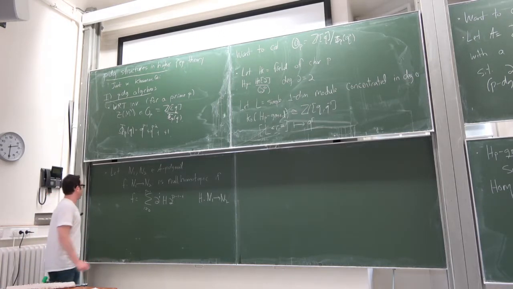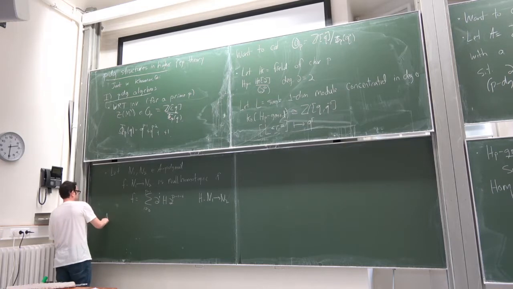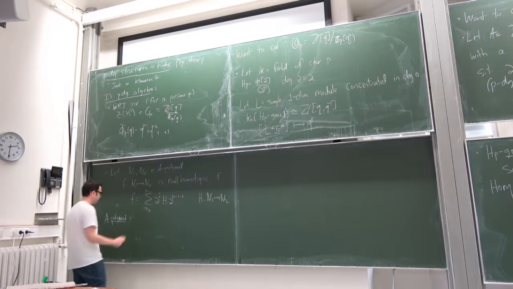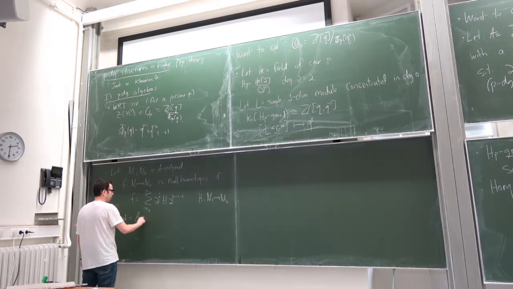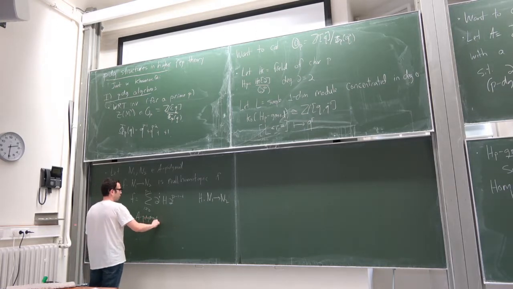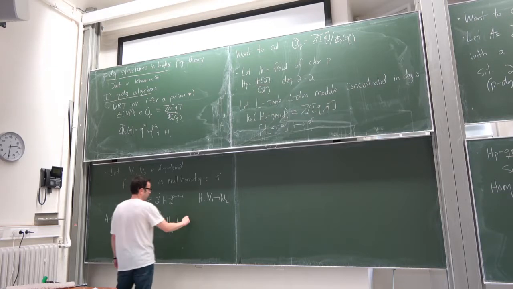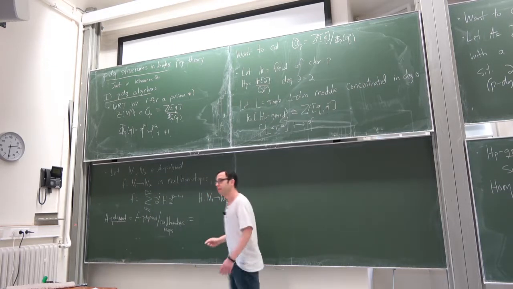And so now we let A-PDG-mod underline be the homotopic category. So we quotient out by null homotopic maps. So this is A-PDG-mod. Then we kill null homotopic maps, and so this is the homotopic category.